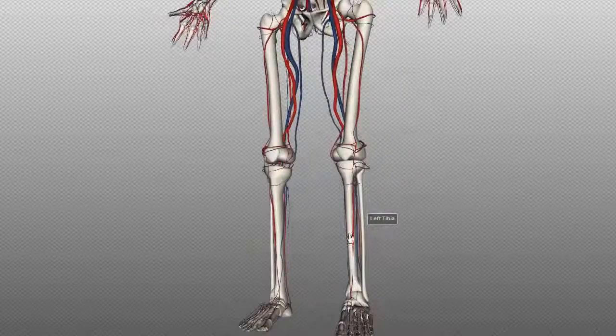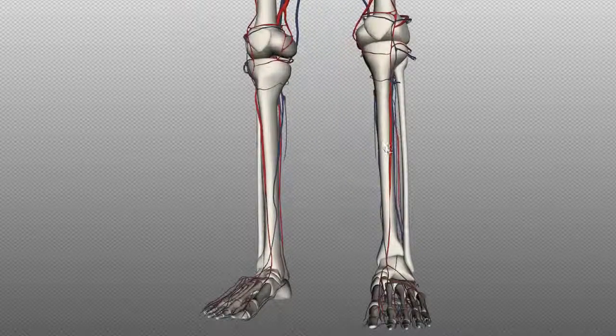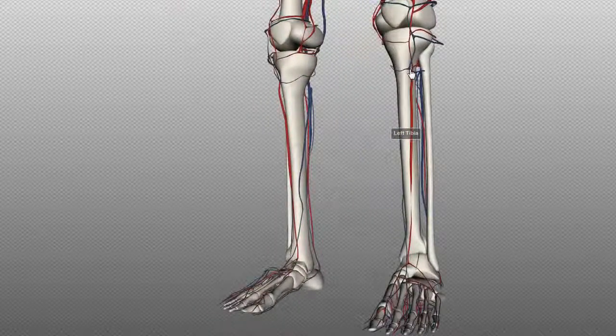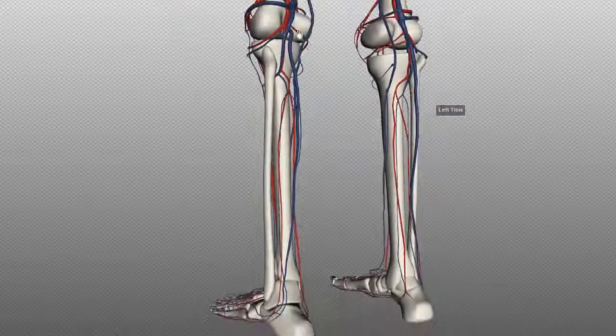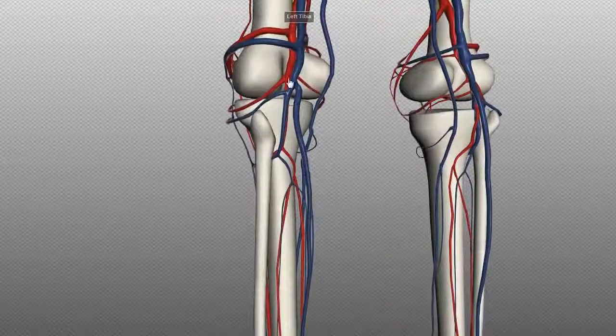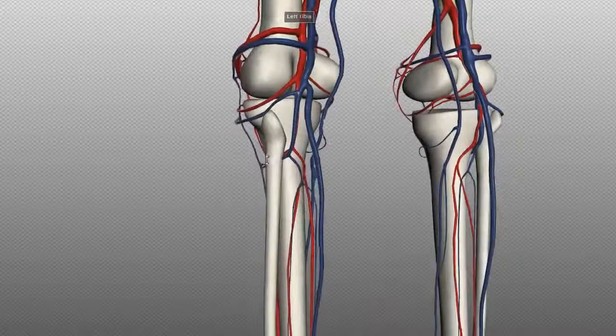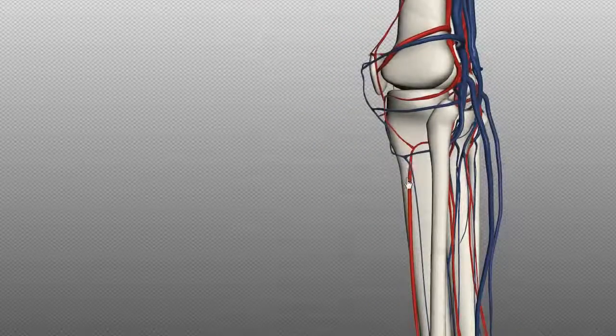So here we're looking at the front of the body, so the anterior surface of the tibia, and at the back, so you can see here the popliteal, just zoom in a bit more, so the popliteal artery branches off, and you can see it winding round here just underneath the fibula to form the anterior tibial.